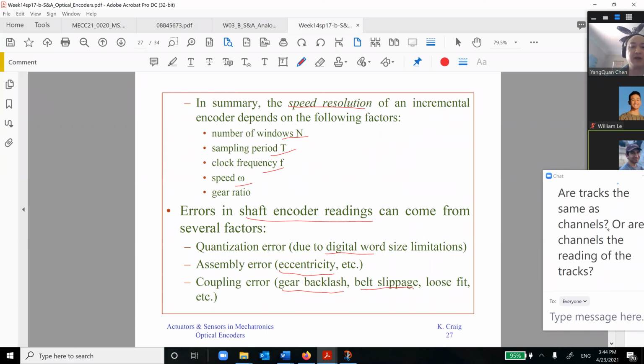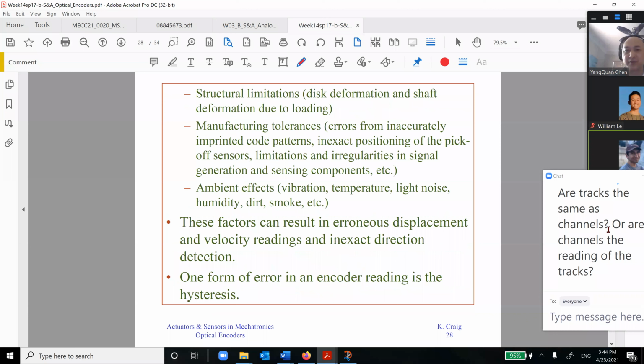With a belt connection, you have slippage in the belt, and so on. So you should also be careful about this: coupling error, assembly error, and quantization error. In practice, you should consider all 3, but in the design phase, usually you only consider the quantization error, like the number of windows you may have, structure limitations, and so on.